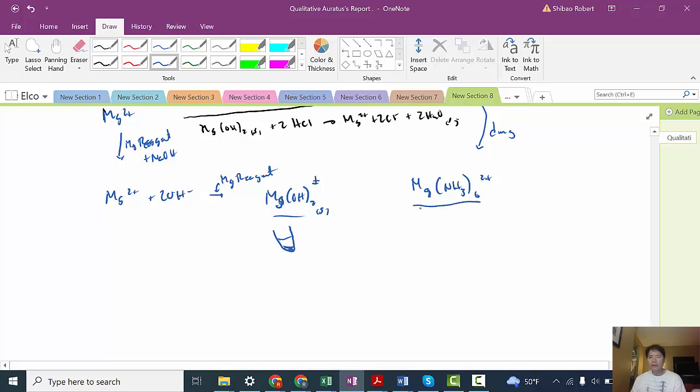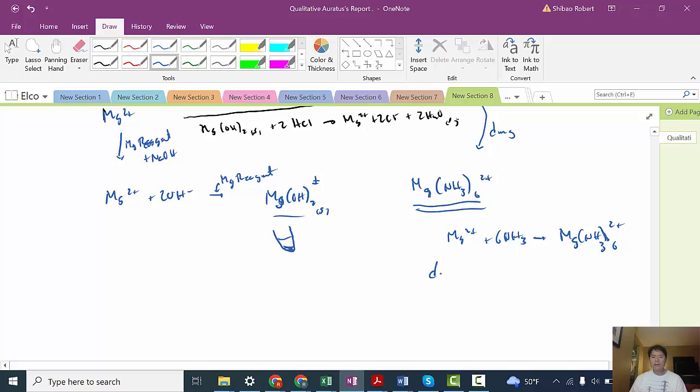But anyway, we would take a magnesium 2 plus, 6 ammonias. That's going to give us the Mg(NH3)6 2 plus species.